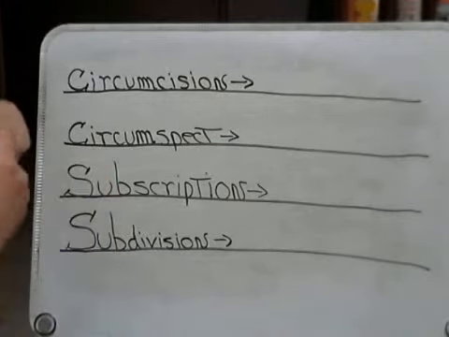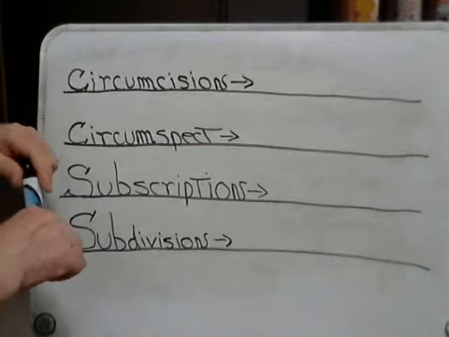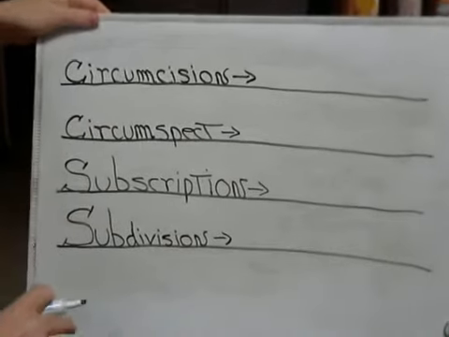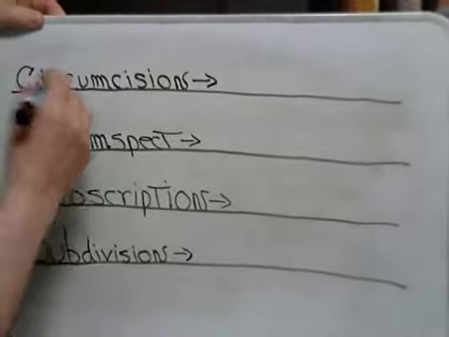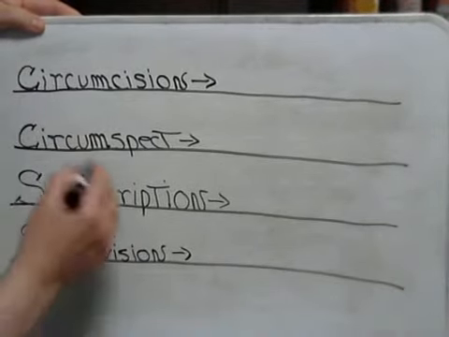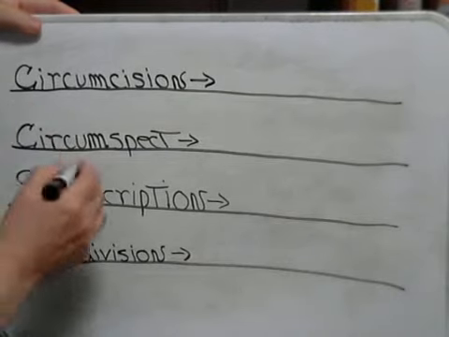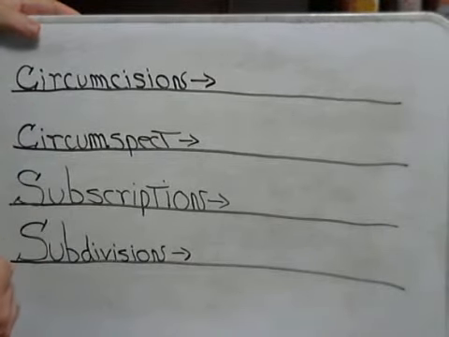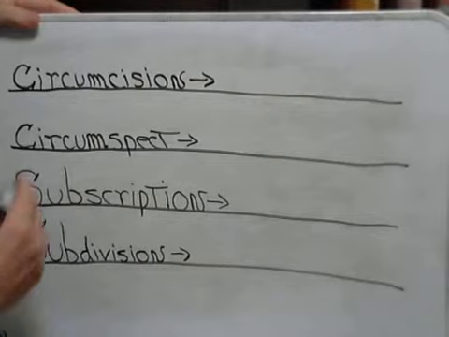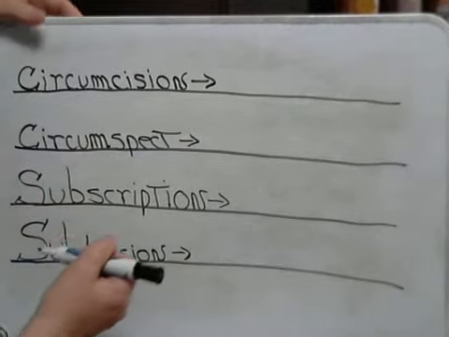So he made a way for that so it would be much quicker when coming across words that start with circum and sub to write these word beginnings in a very quick way. And let me just show you that with these examples right here.